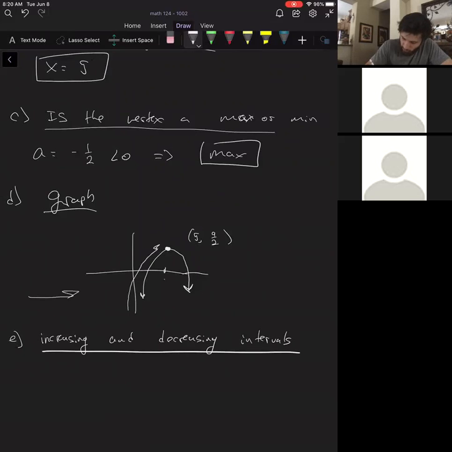This is an x value of 5. So it stops increasing once we get to our x value of 5. So the increasing is going to be minus infinity all the way up to 5. And then it decreases after that, so then it starts moving down, down, down. So it moves down forever. So from the x value of 5 all the way to infinity. So 5 to infinity.